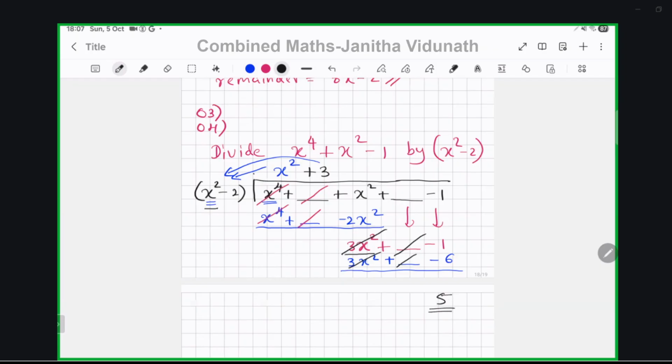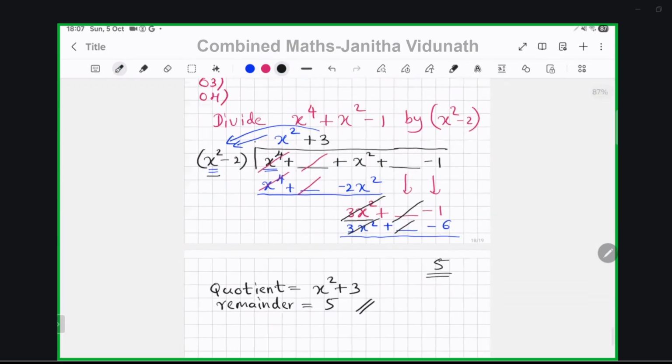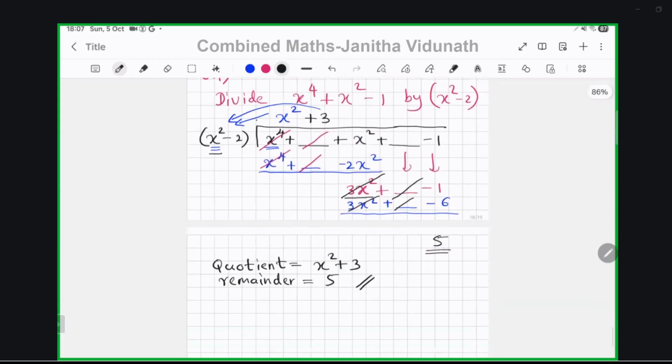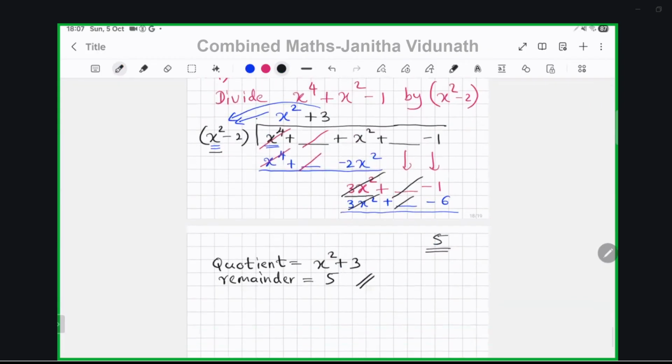This is the remainder. Then the final answer: quotient is x square plus 3. Remainder is plus 5. Those are the answers for the third question. First write down those things and try the fourth question.